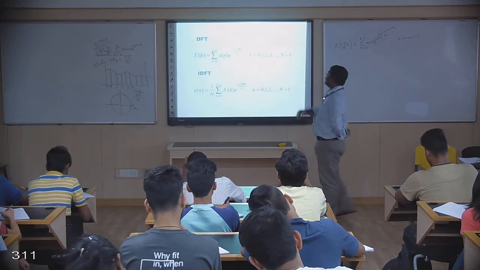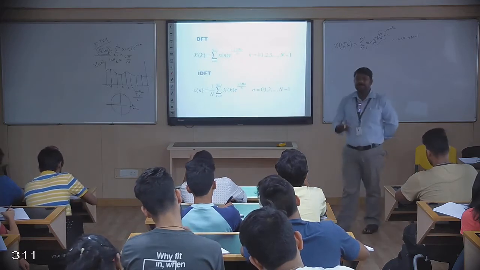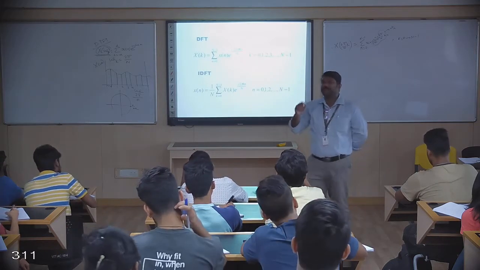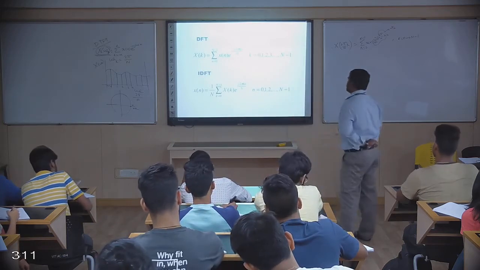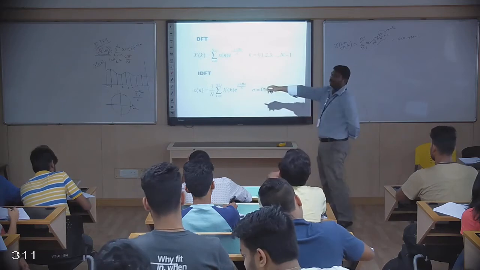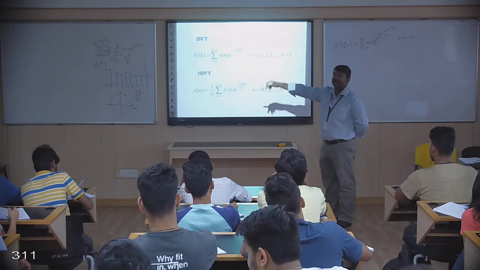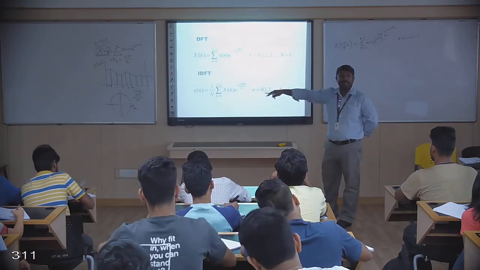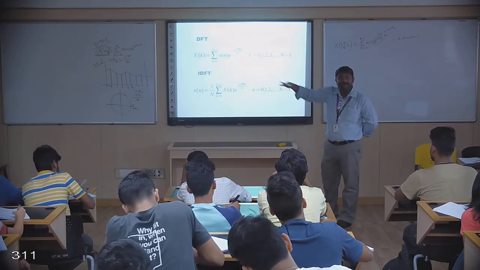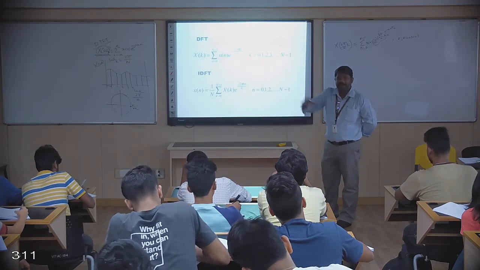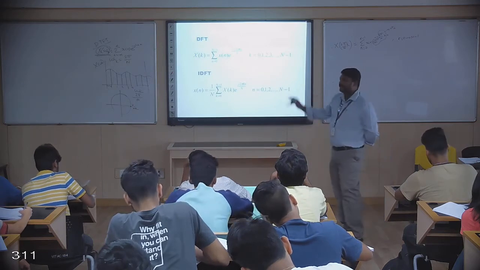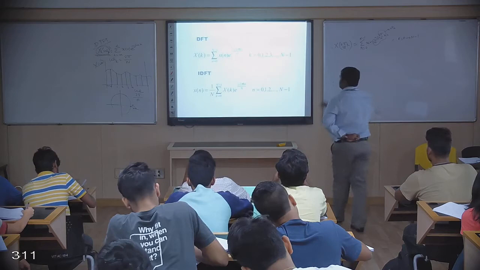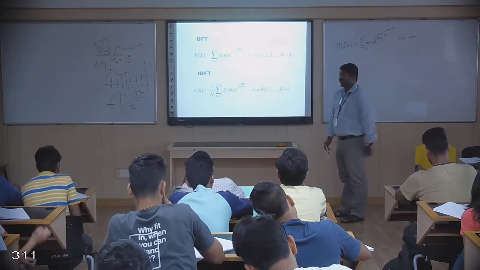Alright. So now what about the inverse? As I said in the previous class, every transforming technique will have an inverse transform. So the inverse discrete Fourier transform, where we get x of n back, and based on our discussion that x of n is going to be discrete, it's a periodic version. So x of n is 1 by n summation k 0 to n minus 1 x of k e power j 2 pi kn by n.